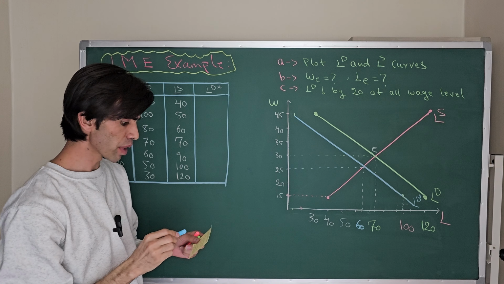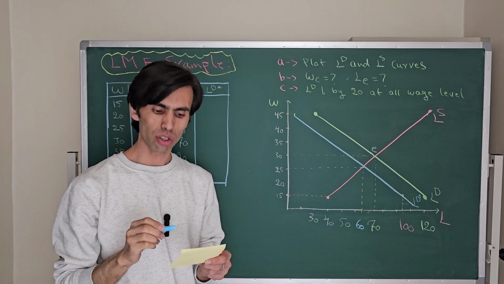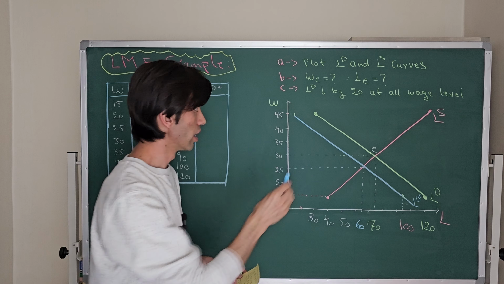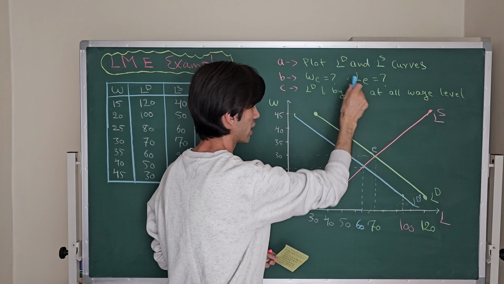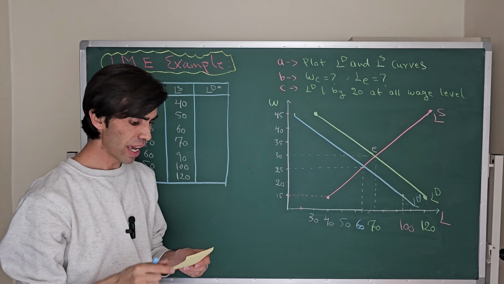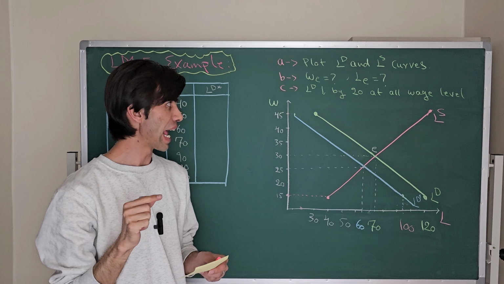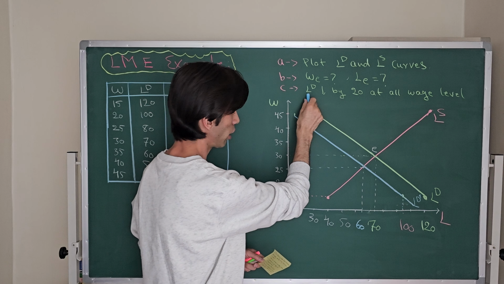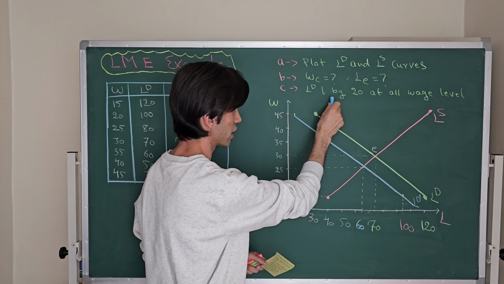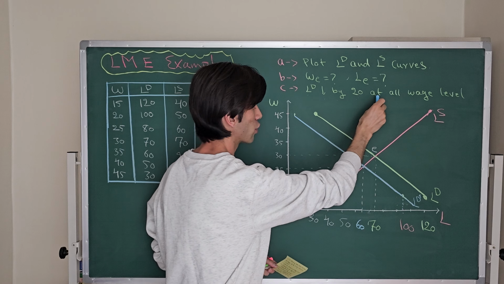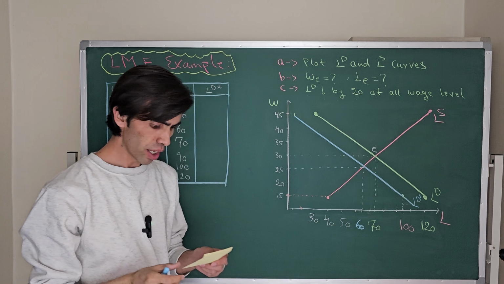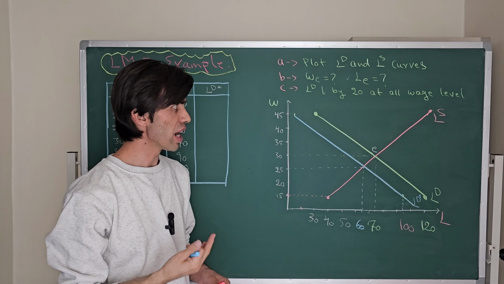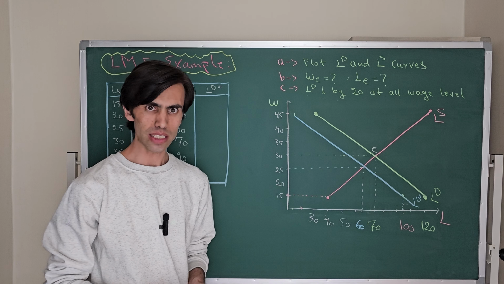B, identify the equilibrium wage and employment level. C, if the demand for X-ray technician decreases by 20 at all wage levels, find out the new equilibrium wage and employment level. So this is the question.